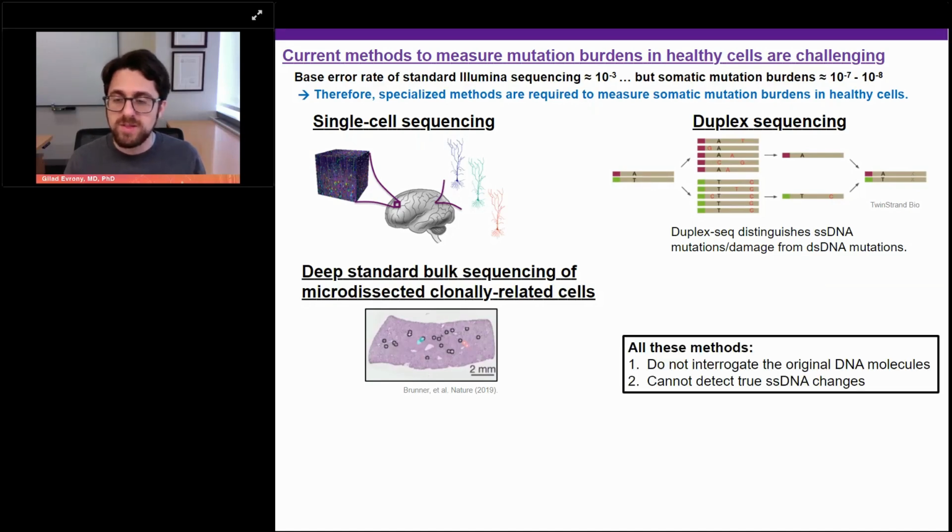However, all of these methods do not actually interrogate the original DNA molecules. They all involve some form of amplification, including this microdissection method, which still requires PCR amplification of the DNA. And because the original DNA molecules are not directly interrogated, we actually cannot see true single-strand changes to the DNA, because the amplification process introduces too many single-strand artifacts.